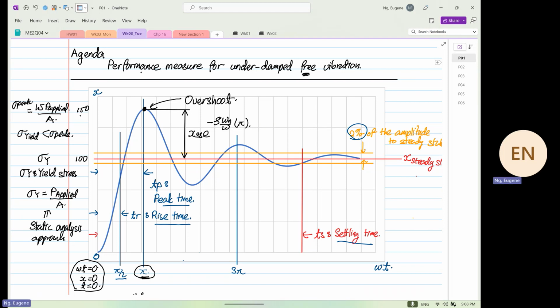The second overshoot, so this is the first overshoot first, and over here, this is our second. So this is where we have our 3 pi on the second.